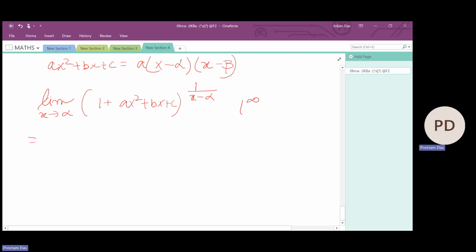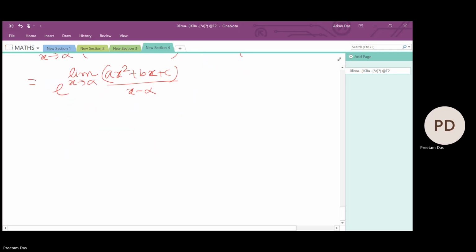So how to solve these questions of 1 power infinity form? It will be e raised to f x minus 1, times g x. The base is considered as f x, and the power is g x. If you subtract 1 from the base, the 1 will get cancelled. So what will be remaining? ax square plus bx plus c, and then times g x, which is 1 by x minus alpha.